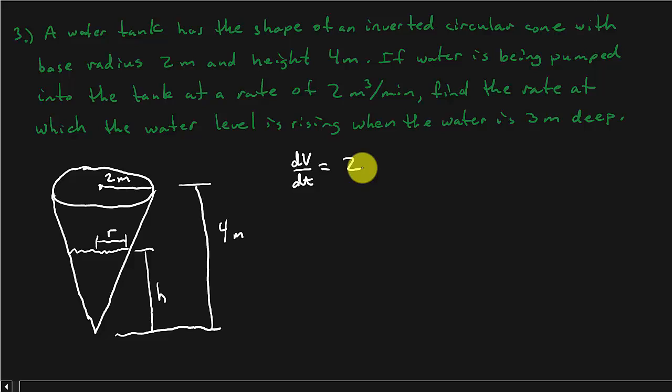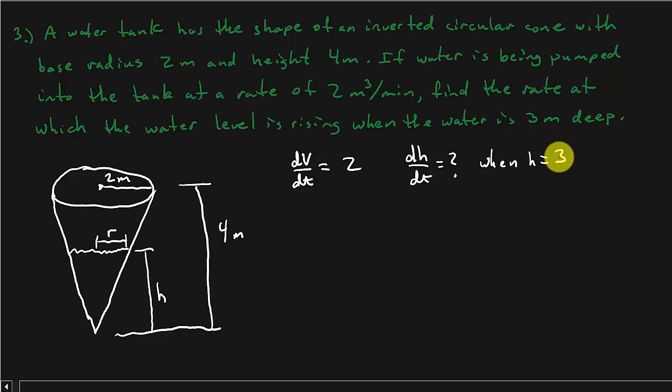Find the rate at which the water level is rising when the water is 3 meters deep. So they want to know the change in the height. So we're looking for dH/dt, and that is when the water is 3 meters deep, so that's when H equals 3.